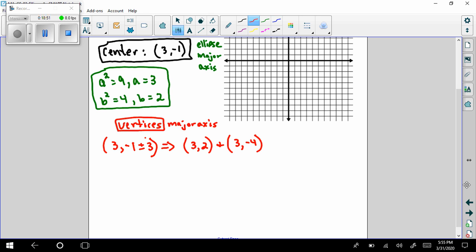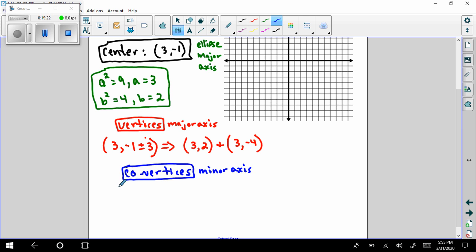All right, I haven't used blue, so co-vertices. My co-vertices are on my minor axis, which in this case is my x-axis, because my major axis was vertical. So this is where I use my b value.